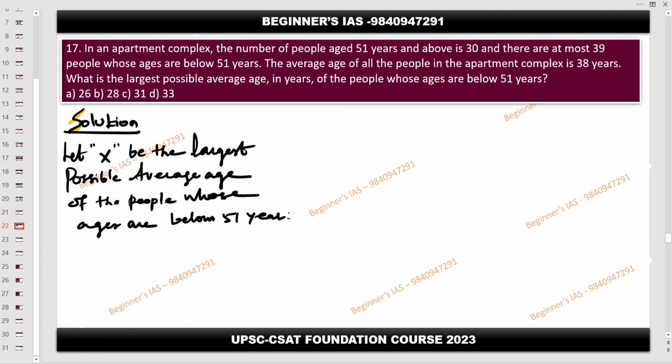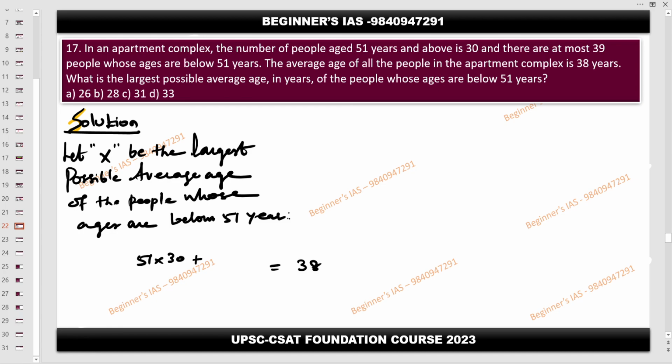Now here the average has been provided, 38. Now 51. Okay, the number of people aged 51 years and above is 30. Then multiply this by 51.